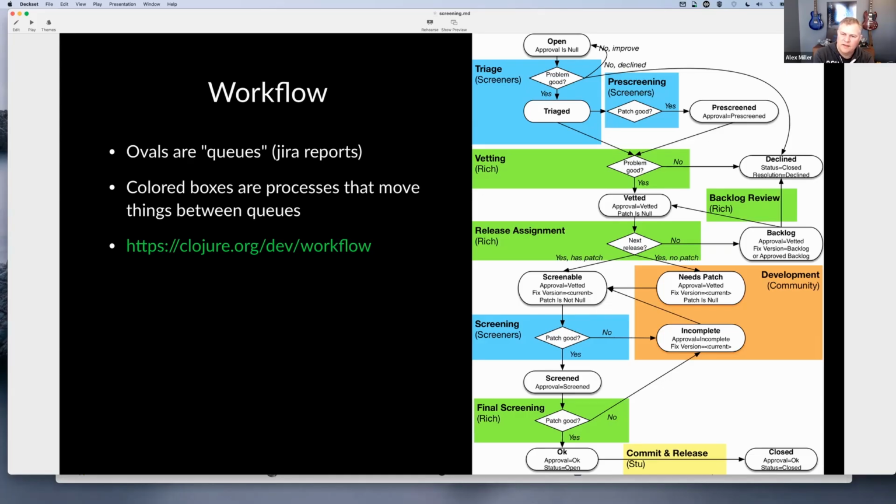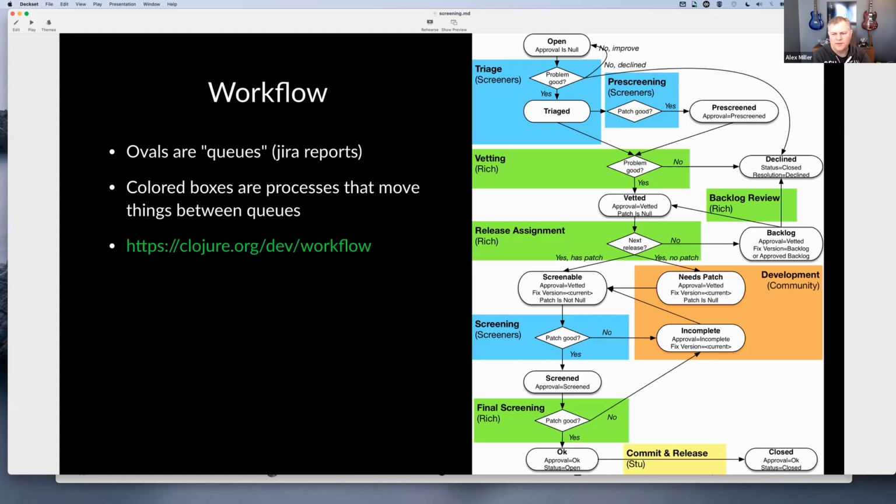The vetting that he does is really now more the release assignment aspect of it. So Focus and I have been trying to go through Jiras and scope out a set of them to give to Rich about once a month. And so we have an initial set for 1.12 that we put together.